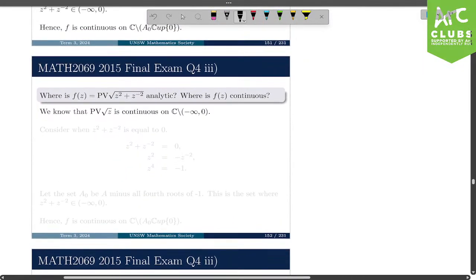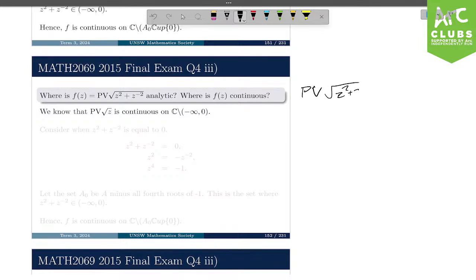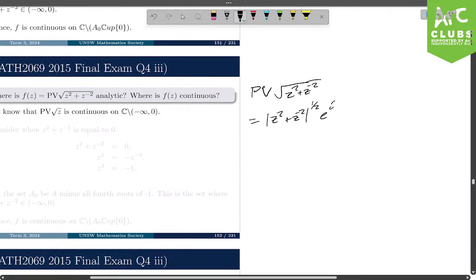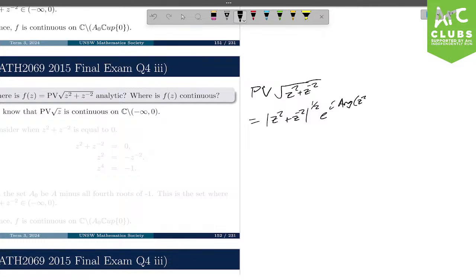So the principal value of root z squared plus z to the minus 2 is going to be equal to the magnitude of z squared plus z to the minus 2 taken to the half times e to the i principal argument divided by 2. Okay, and so that'll just be arg of z squared plus z to the minus 2 on 2. So now we just have two things we need to find.